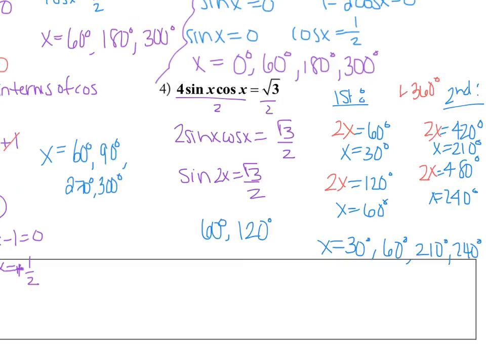Okay, so once again, we couldn't set sine equal to root 3 over 2 and cosine root 3 over 2. That's not the zero product property of where you can set each factor equal to 0. So instead, we try to condense it to get down to one function, and we did that by taking 2 sine of x, cosine of x, and substituting in sine of 2x for the double angle.